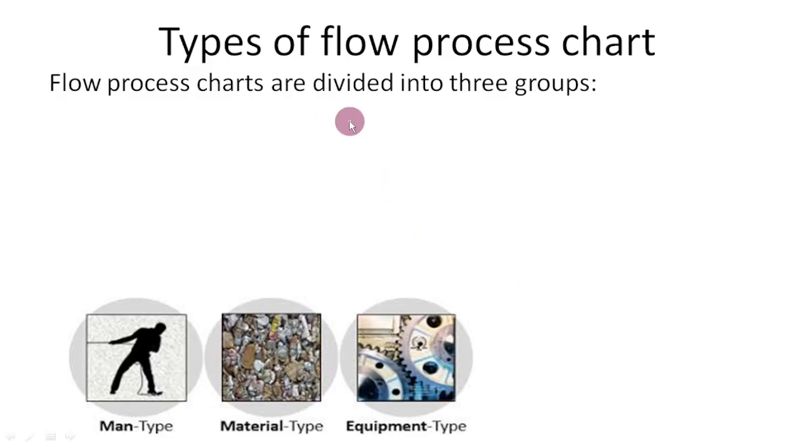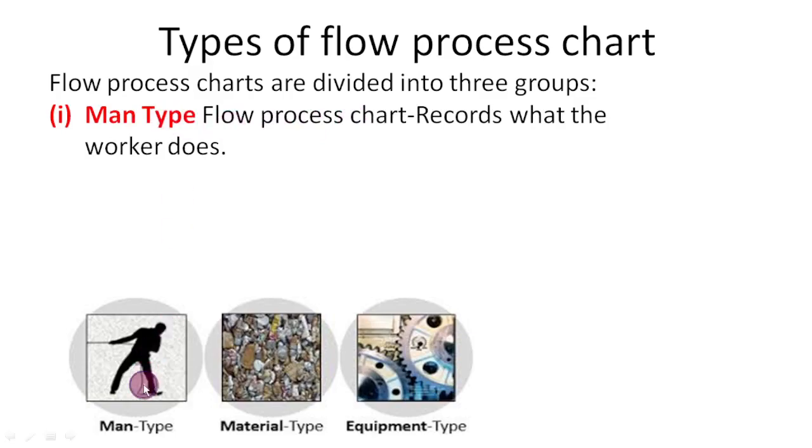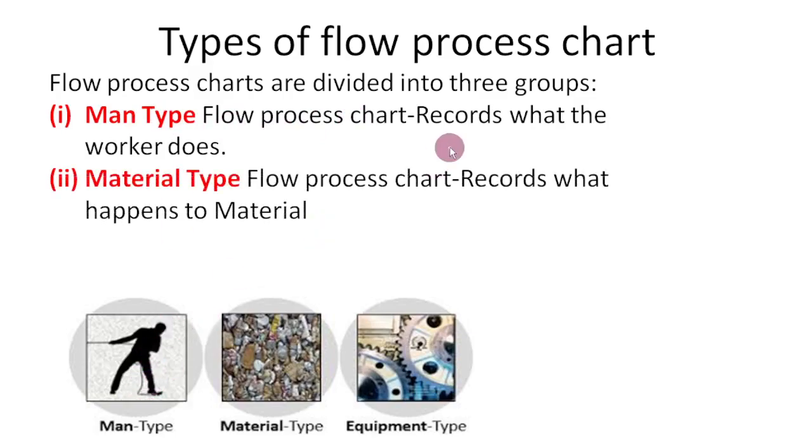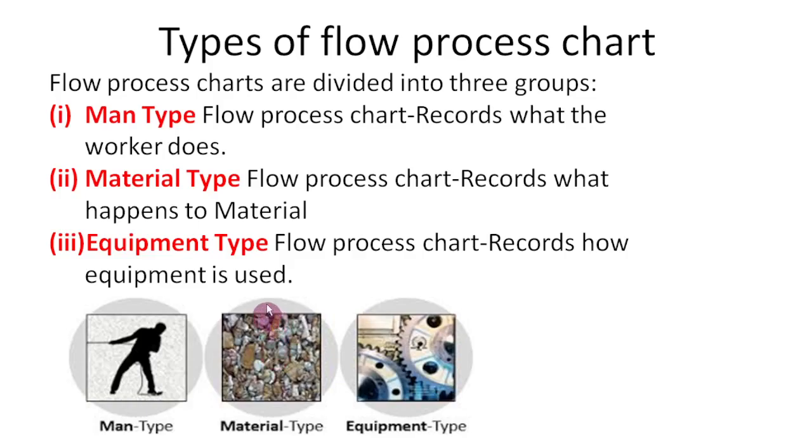The types of flow process chart include the man type, which records what the worker is doing. In the material type, the chart records what is happening with regard to the material, and in the equipment type, it records how the equipment is used.